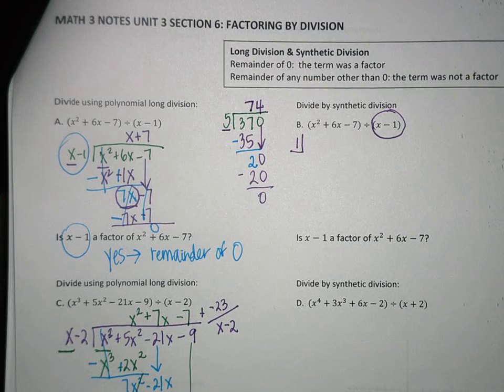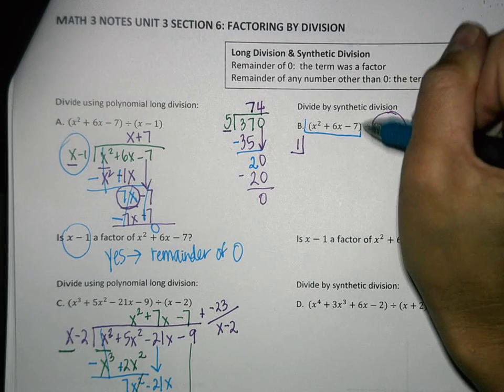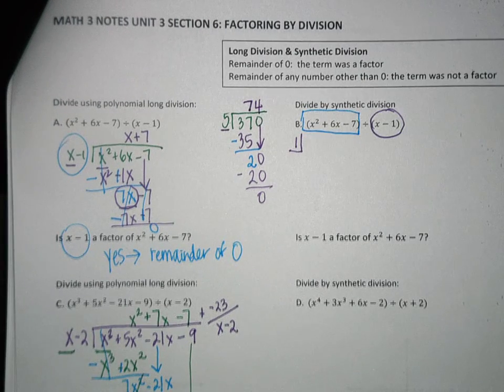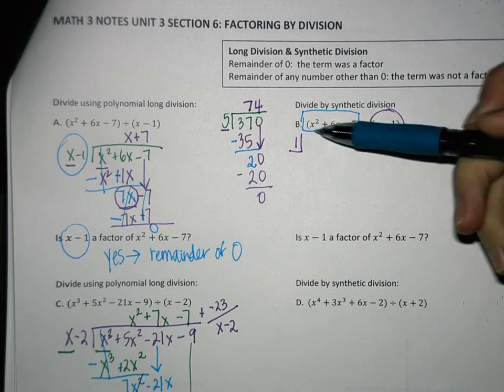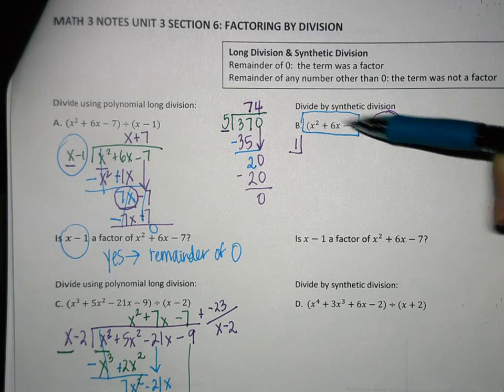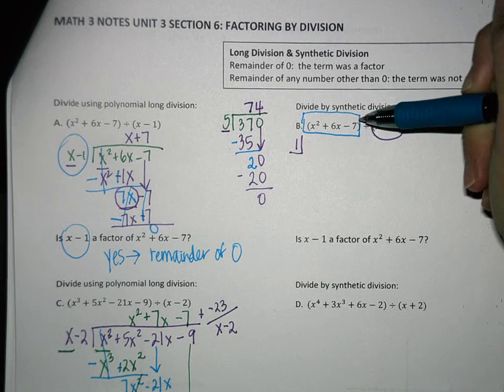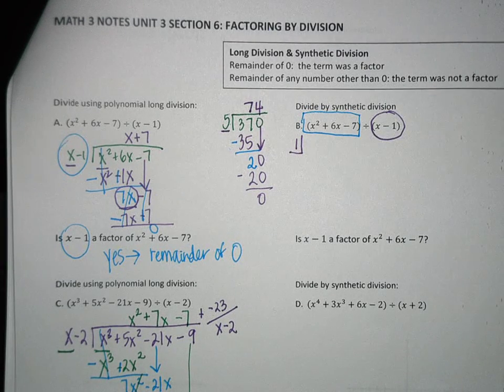The next thing you're going to do is take the coefficient of each of these numbers. Now you want to make sure it's in descending order. If it wasn't in descending order, like you know how this goes second power, first power, and then there's no power here, you would add in a 0.